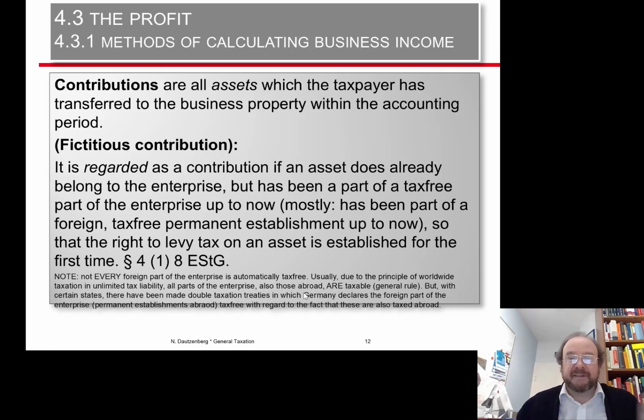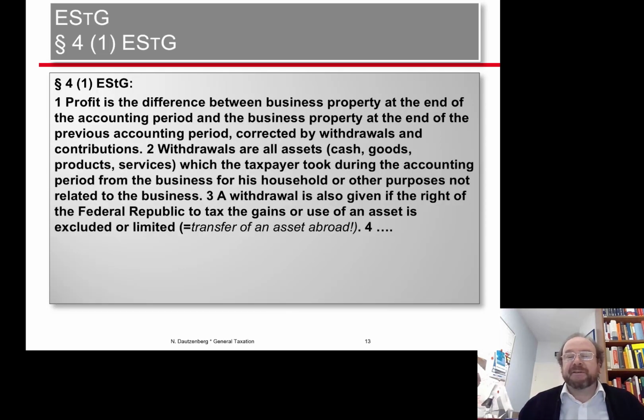Everything in the world is, in the basic principle, taxable, and only if there is a deviation from that principle, we would end up with such a fictitious withdrawal or such a fictitious contribution for assets moving across the border.